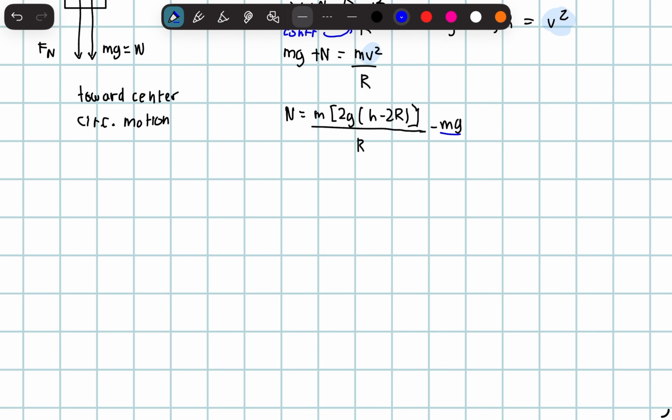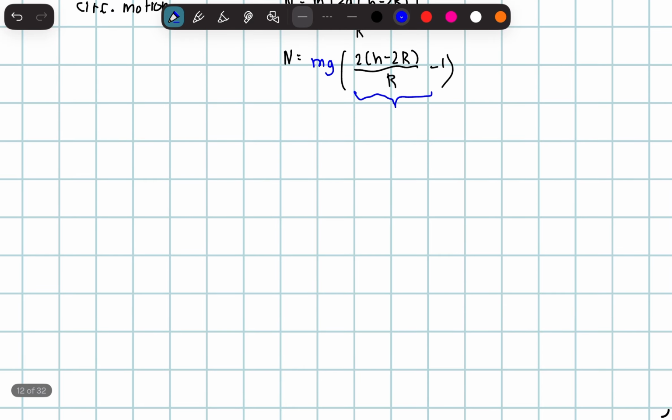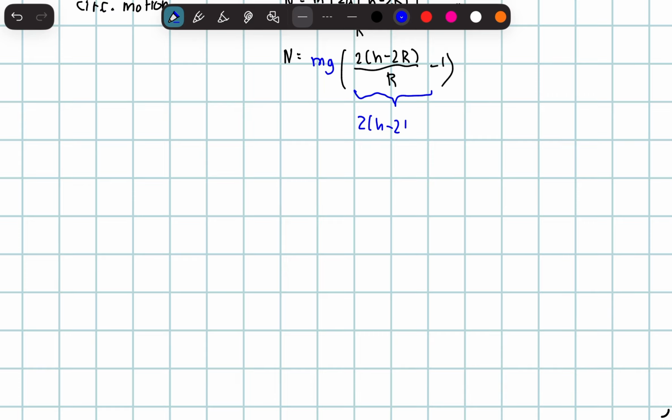Now, what can we do? We can factor out mg, because we see that. That's going to be mg, and then N is equal to 2 times (h minus 2r) divided by r, minus 1. Now, you can simplify the inside of the parentheses. 2(h minus 2r) over r minus 1 is equal to (2h minus 4r) over r minus 1.